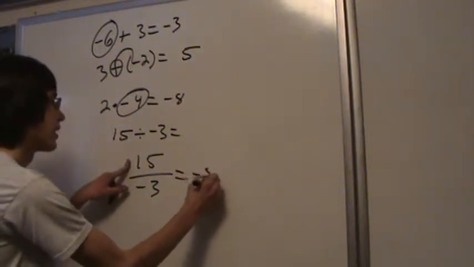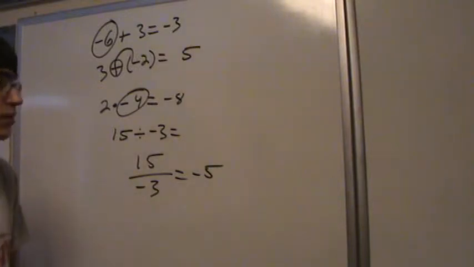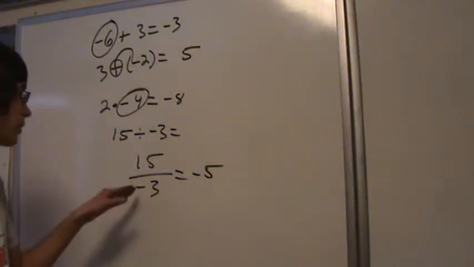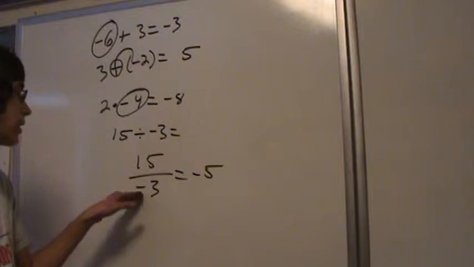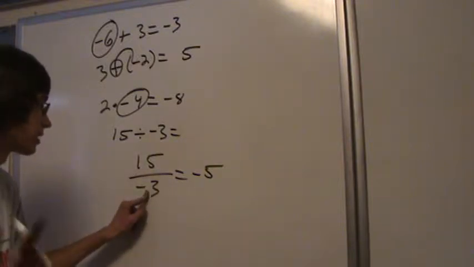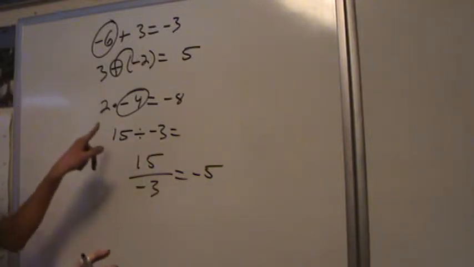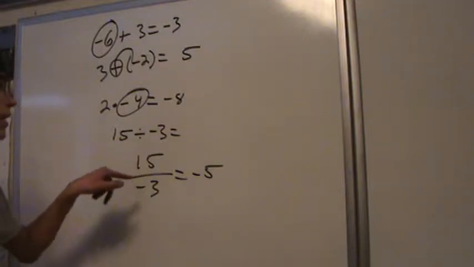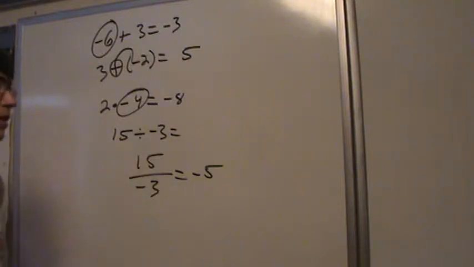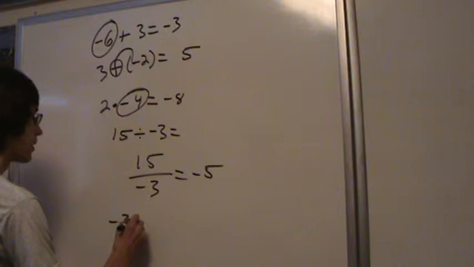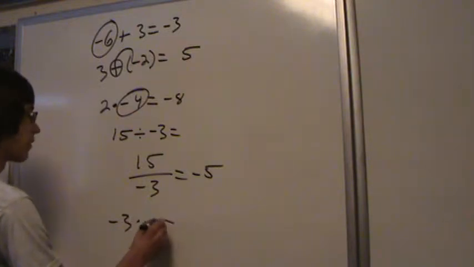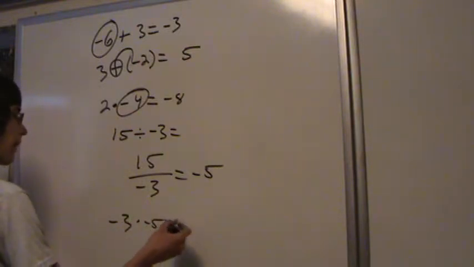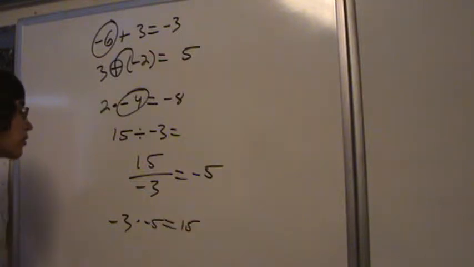In this case it would be -5 because 5 times 3 is 15. Now, you may be thinking that it would be like -3 times -5, which would be 15, and that is correct. You can also do it like that.